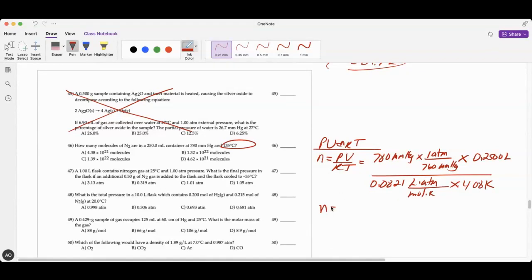So the number of moles would be 780 divided by 760 times 0.25, and then we'll divide that by 0.0821 times 408.